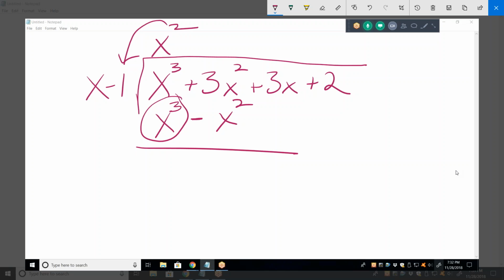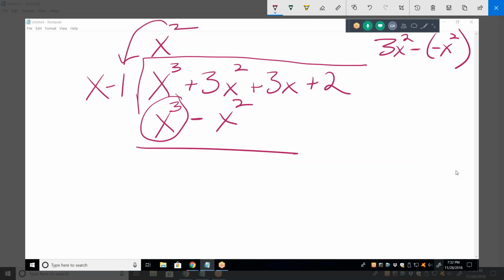So that would be x, just x. You got 3x squared minus a minus x squared. These are real easy. You just got to put in all your negative signs. The only reason you're getting confused on it is because you're trying to do the whole thing in your head.